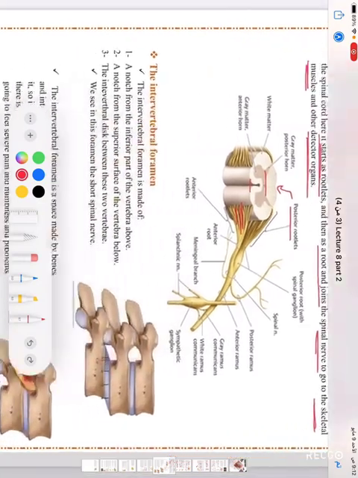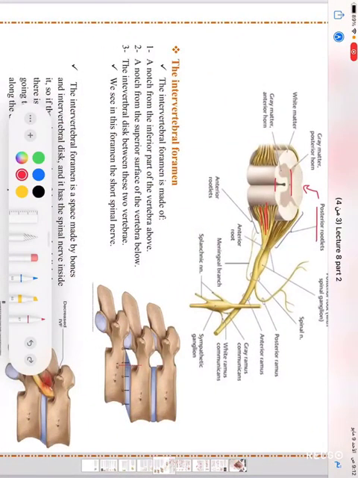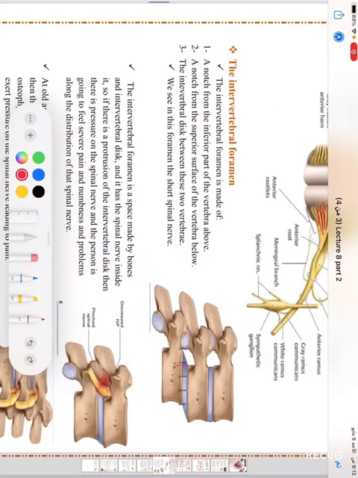Okay, let's talk about the intervertebral foramen. We talked a lot about the intervertebral foramen from which the nerves come out. Now we will see them. The intervertebral foramen is made of three things. We have a notch from the inferior part of the vertebra above, a notch from the superior surface of the vertebra below, and an intervertebral disc between these two vertebrae.